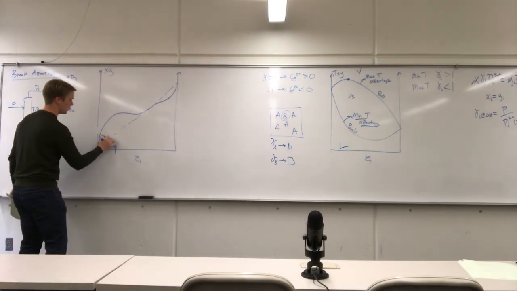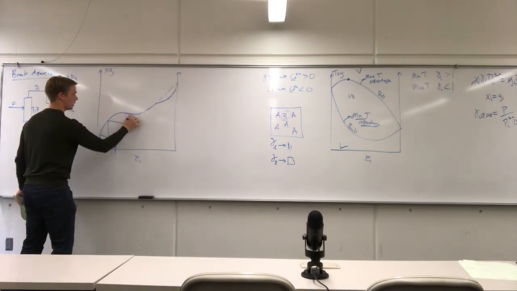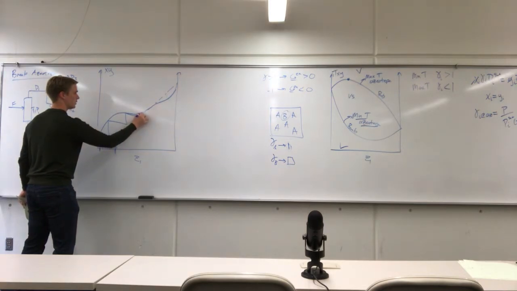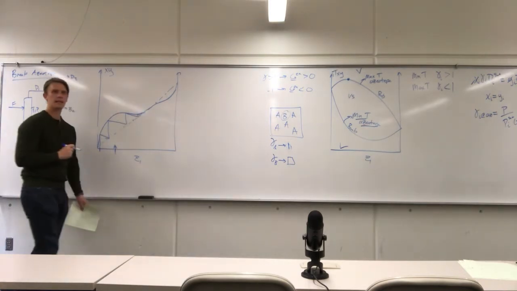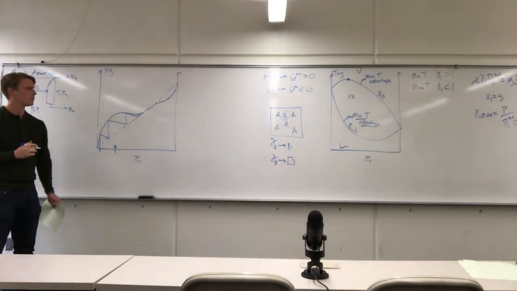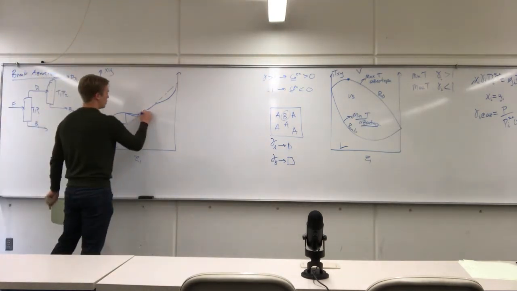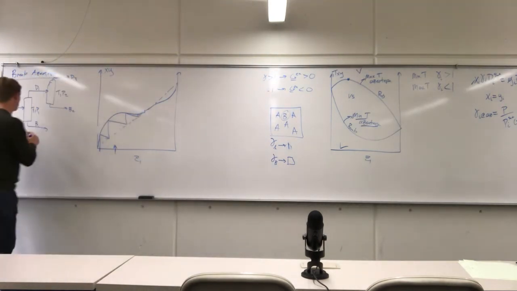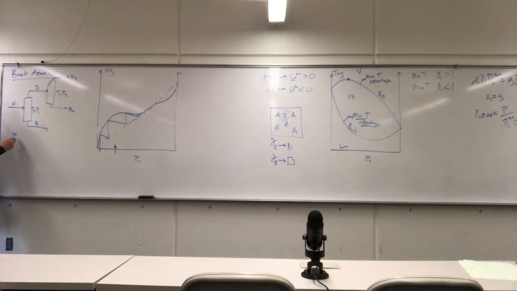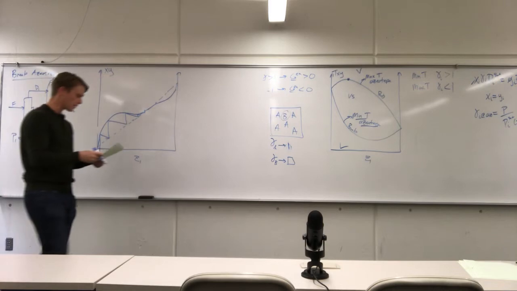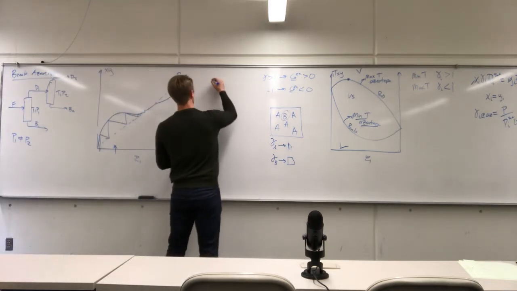So 1 stage, 2 stages, 3, 4, 5, 6, 7, 8, whatever. Can't get past the azeotrope. So what we'll do is we'll vary the pressure. Now what effect this has is due to the Clapeyron equation.